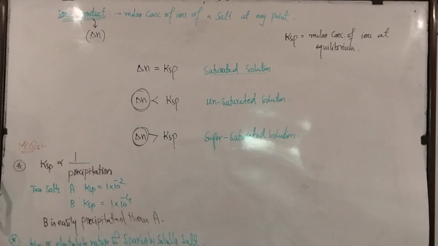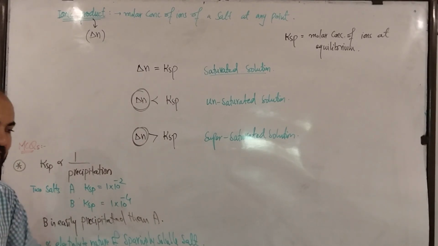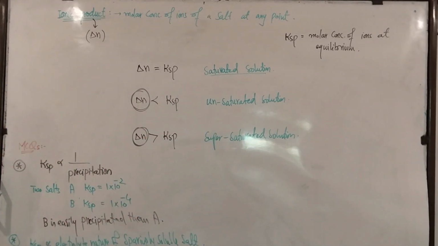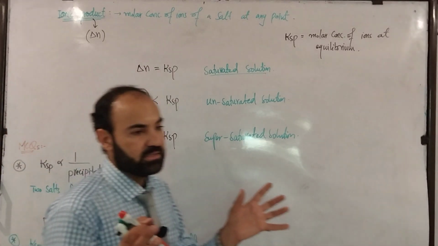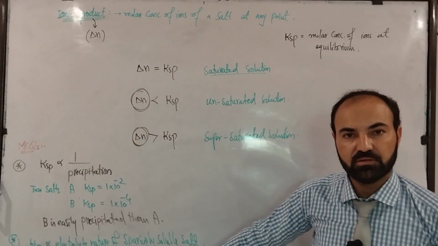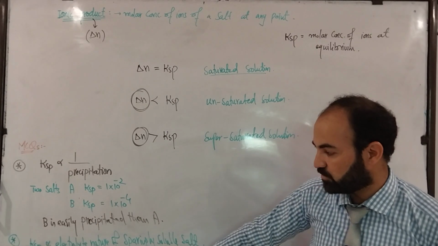What does this relation mean? A salt with more KSP value means that salt is much more dissolved in the aqueous medium. So we can also say that its electrolyte strength is more than the other. This is a comparison between different sparingly soluble salts.